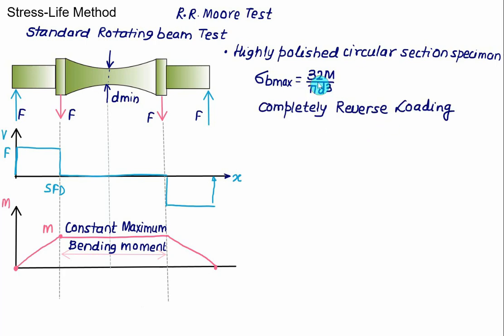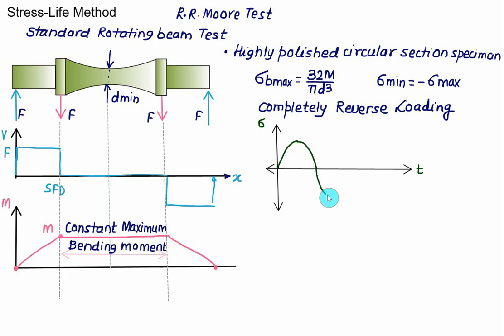The minimum value will be the same as the maximum value, so sigma minimum will be equal to negative of sigma maximum. So stress will continuously change from 0 to the maximum value, which is the bending stress given as 32 M by pi d cube. Again it will attain a value equal to 0, then it becomes negative bending stress and the cycle will continue.